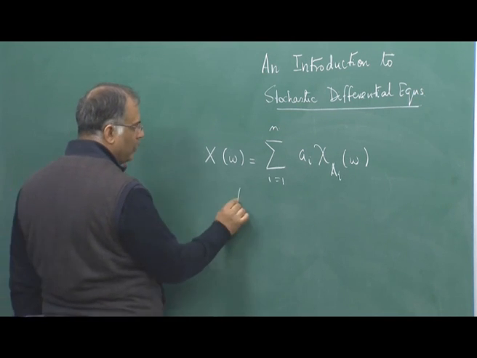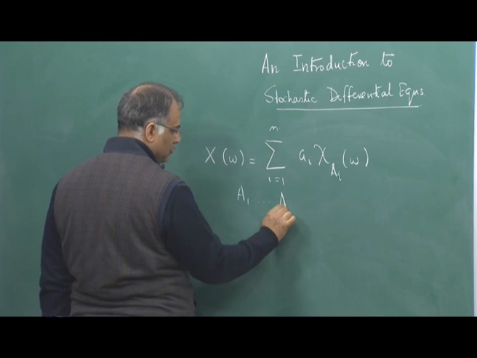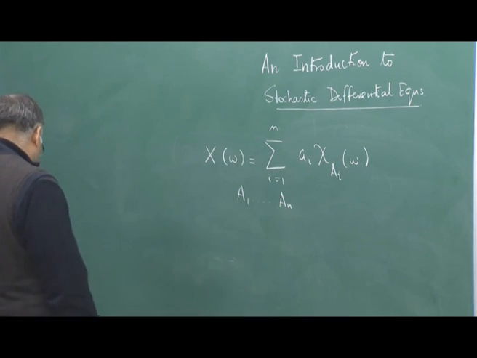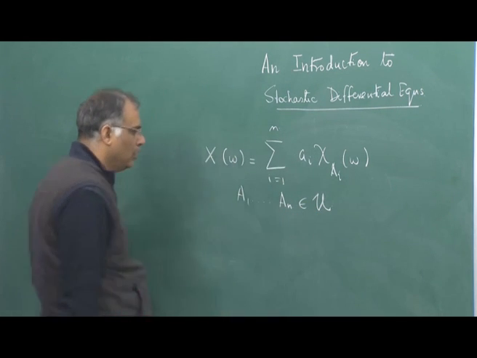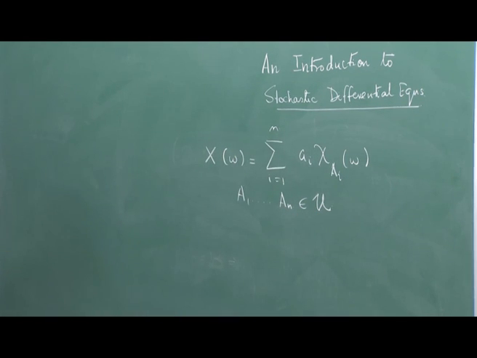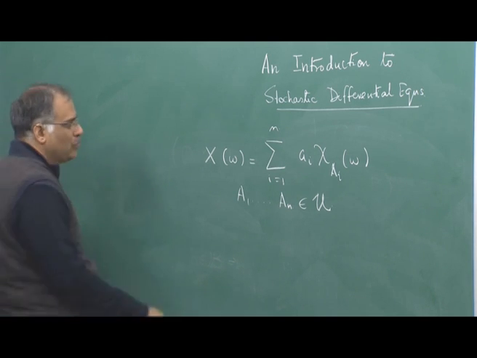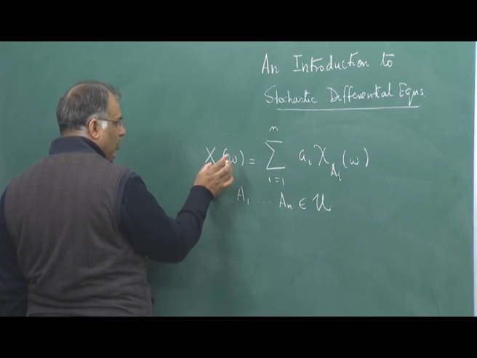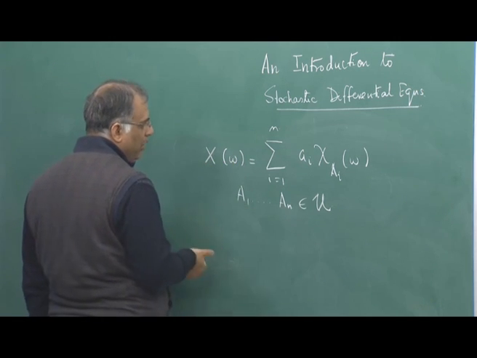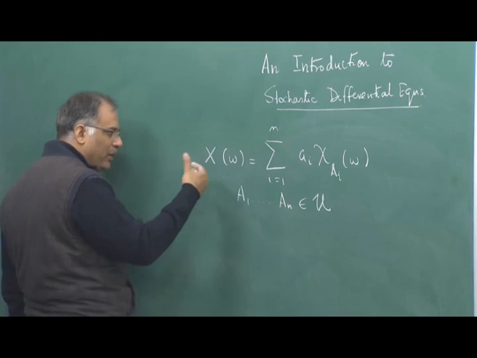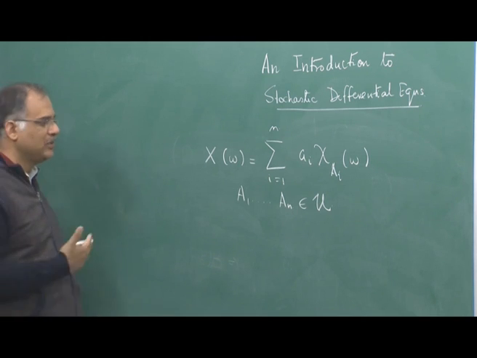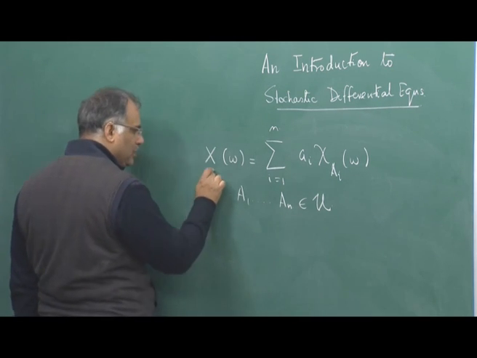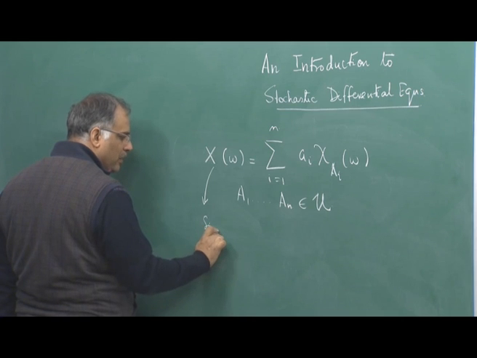So, you have some sets, say A1 to AN, all of these are in U. Of course, it will completely make sense that this is actually only non-zero if you take the union of the Ais and take omega from there, then it will always give you one of the Ais, otherwise it will become 0. So, this sort of random variables are sometimes called simple functions.